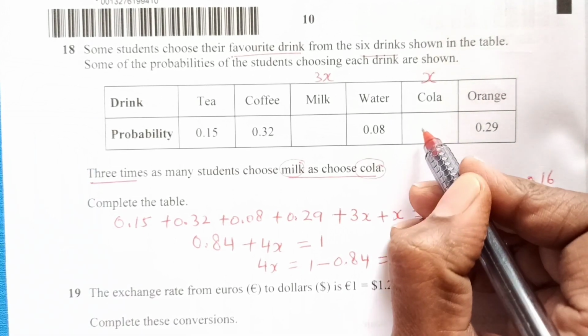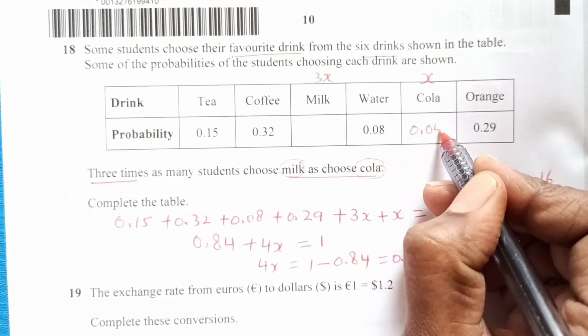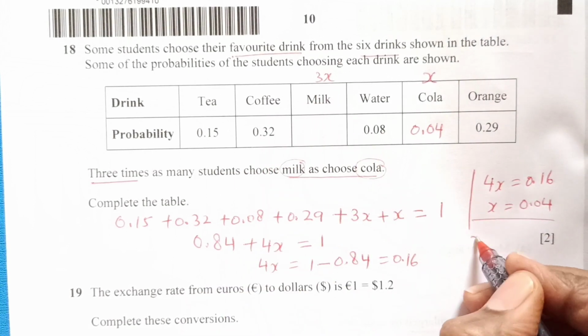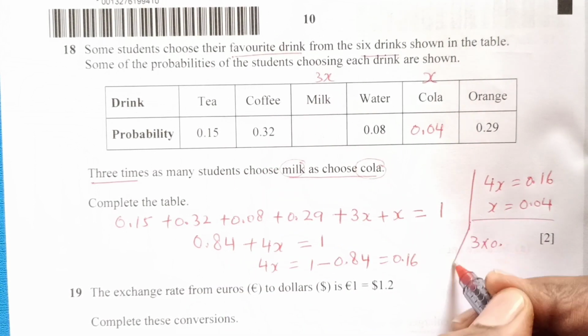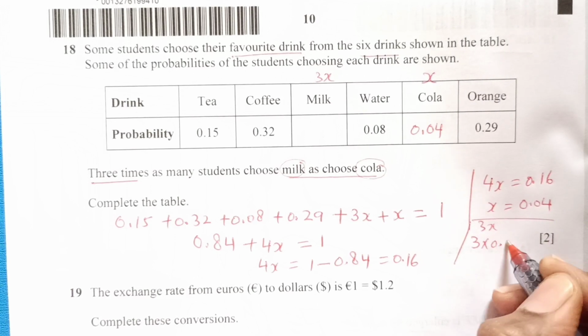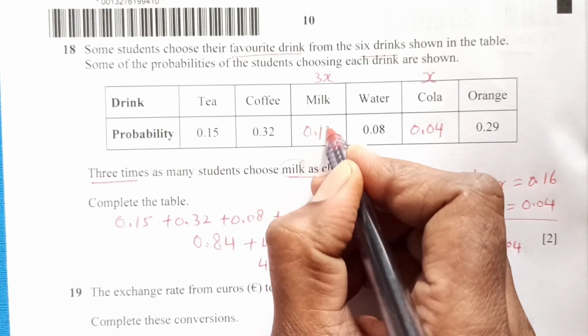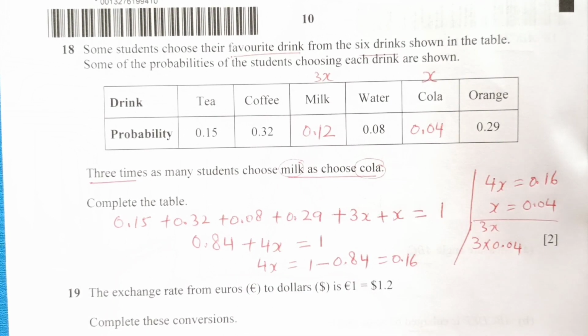So that means this is 0.04 and this is 3x. 3x means you will multiply this by 3, 3 times 0.04. It is 0.12. So that's how you can complete this table.